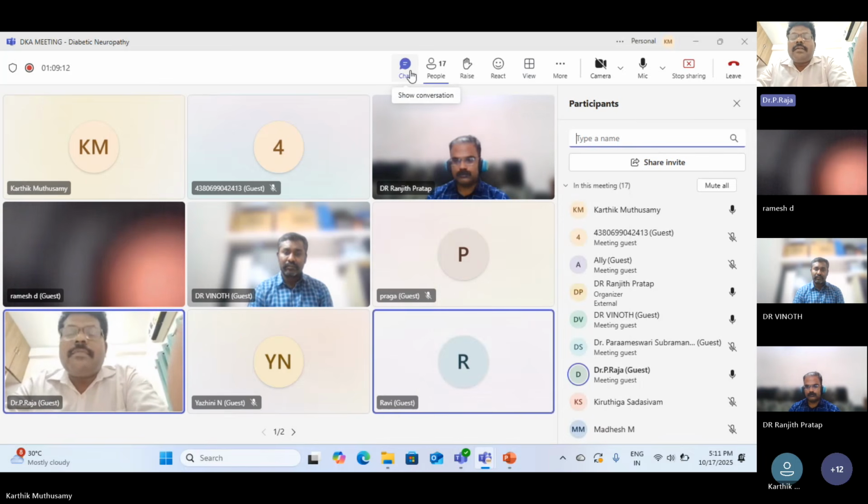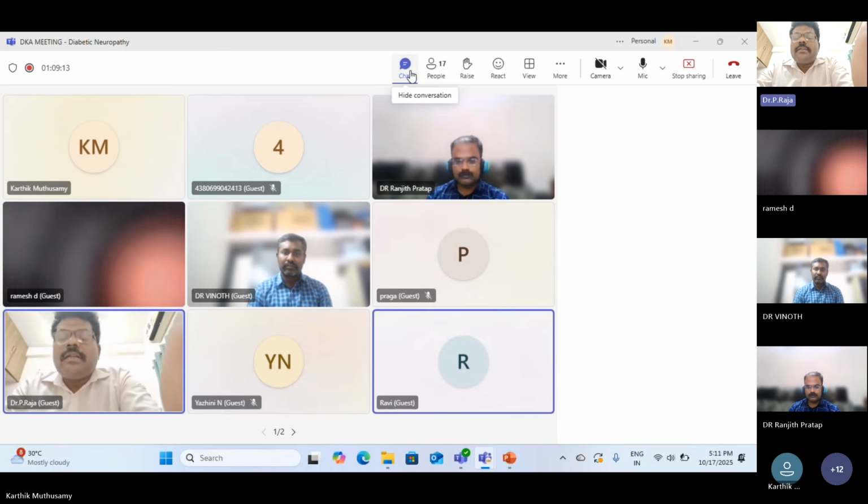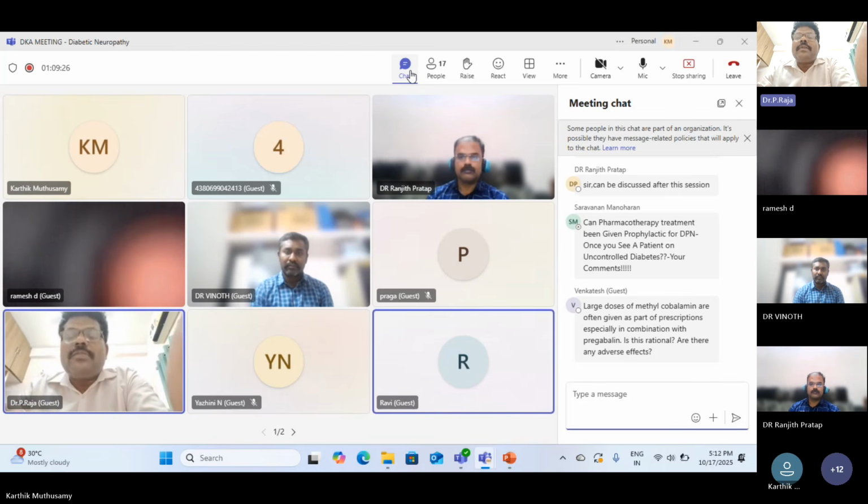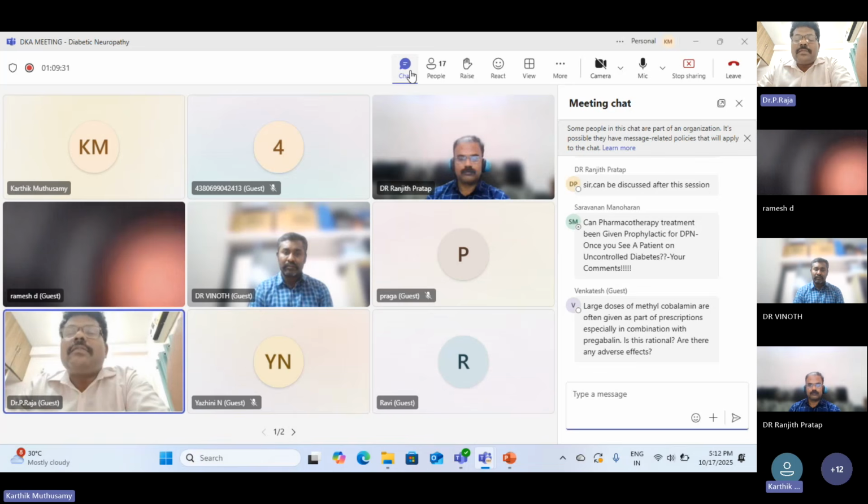Done well, Ramesh and Karthik sir. He explained very well about non-pharmacological therapy. So we know that a lot of treatment is available nowadays beyond medical management.